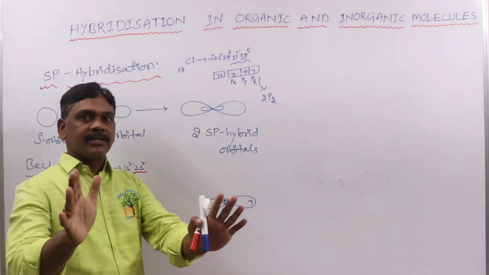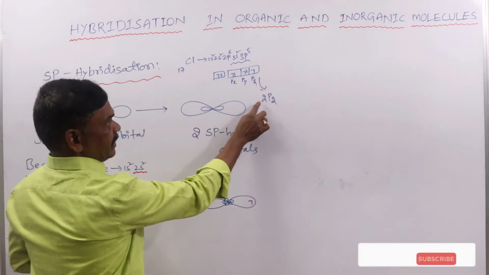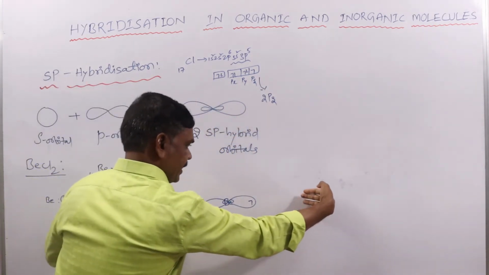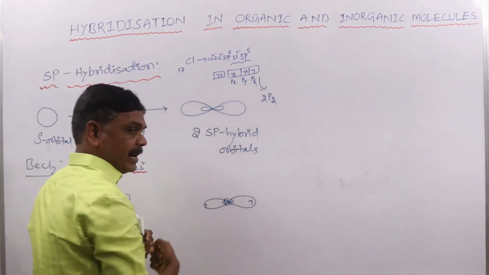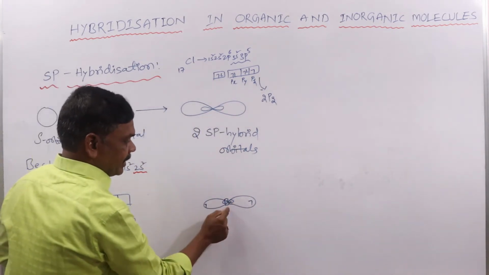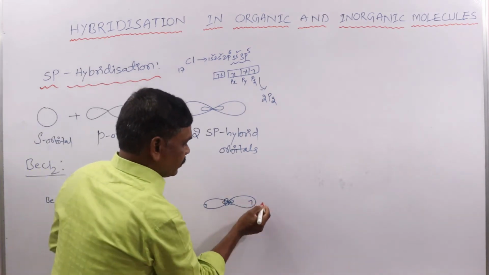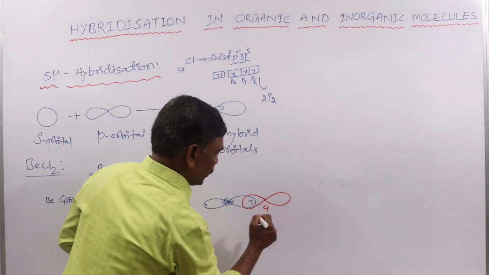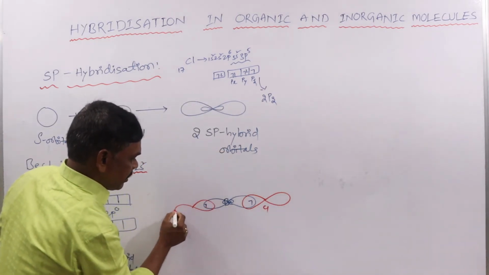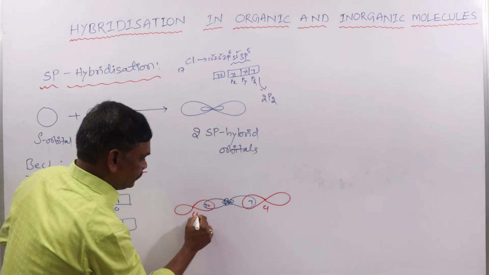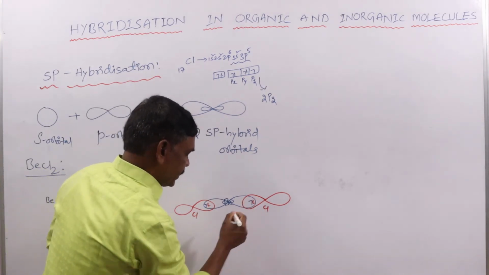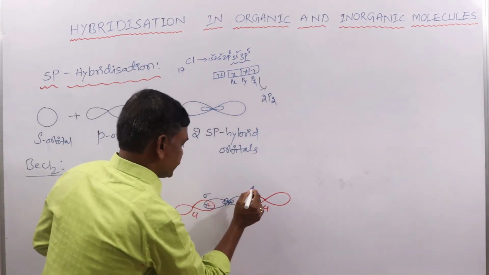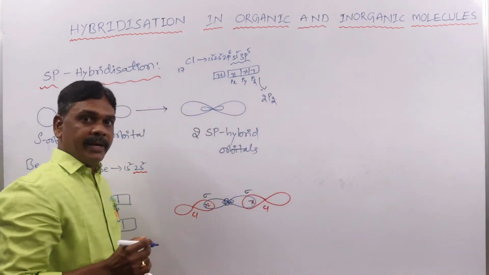This is the p orbital of chlorine, and this is also a p orbital of chlorine. Formation of which bond takes place? Formation of a sigma bond takes place.